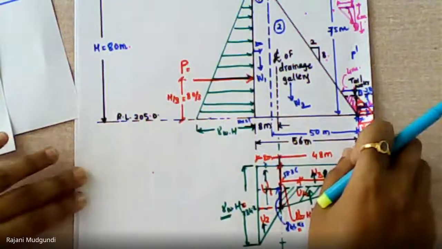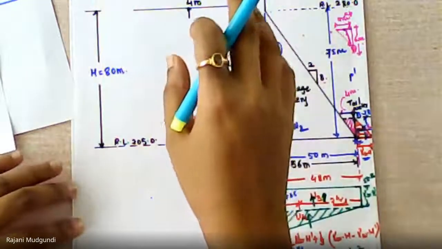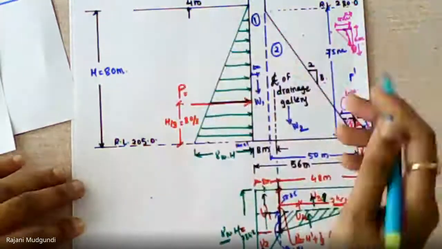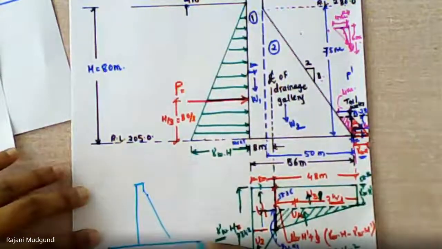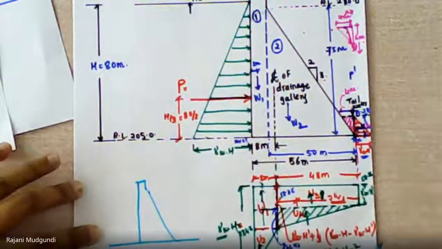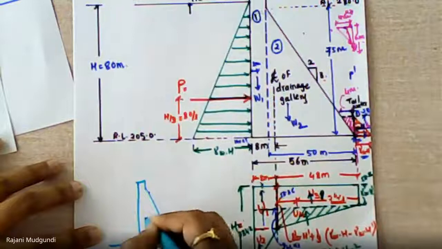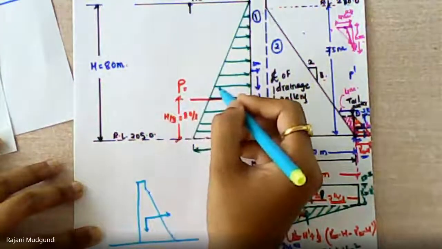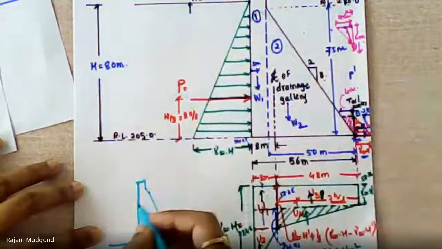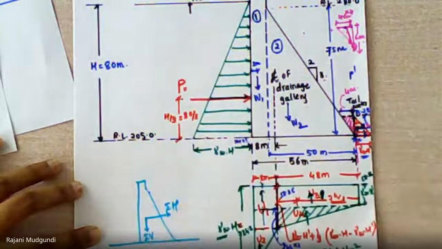When water is stored on the upstream side, if you resolve the forces that you have calculated, the vertical force and the horizontal force, because of this horizontal force the maximum horizontal force will be towards the dam, summation H like this and summation V like this.